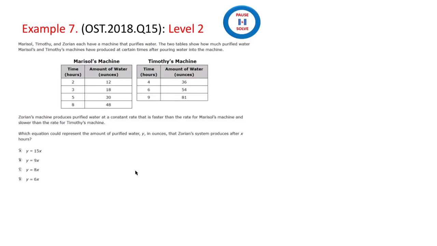And Zorian's machine produces purified water at a constant rate that is faster than the rate for Marisol's machine and slower than the rate for Timothy's machine. And then they're asking you what equation could represent the amount of purified water y in ounces that Zorian's system produces after x hours. Okay, so let's see what happens.